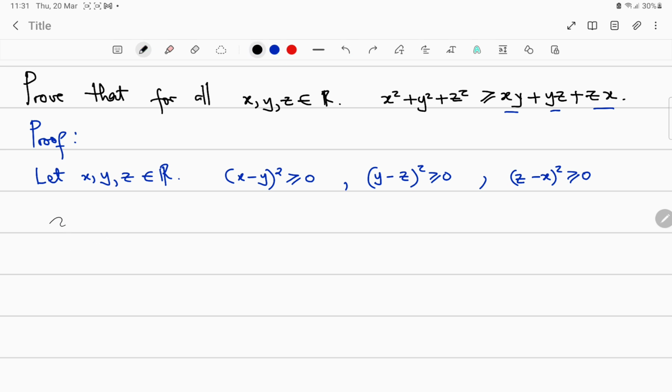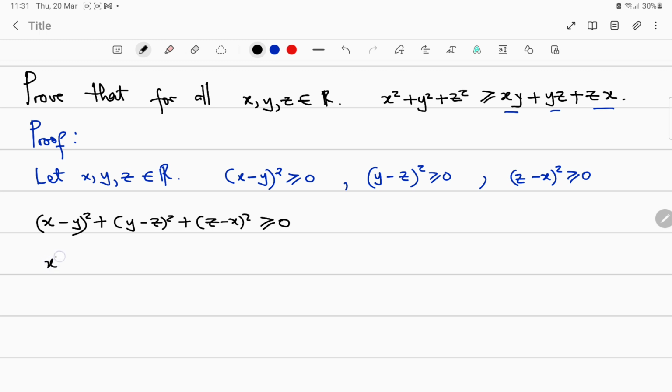So we're going to say (x minus y) squared plus (y minus z) squared plus (z minus x) squared are all greater than or equal to 0, because we're just adding non-negative numbers there, so they always give us a non-negative number. So what does that mean?